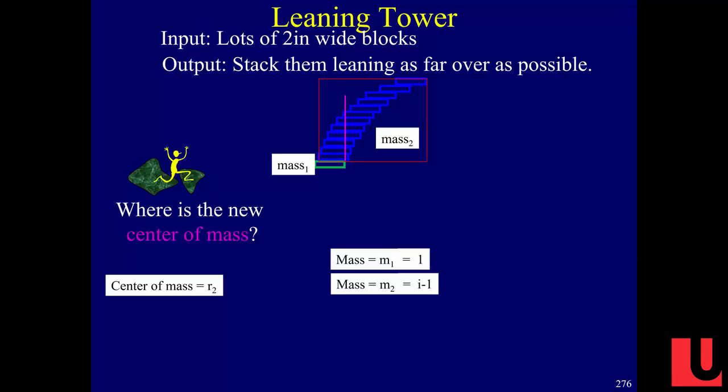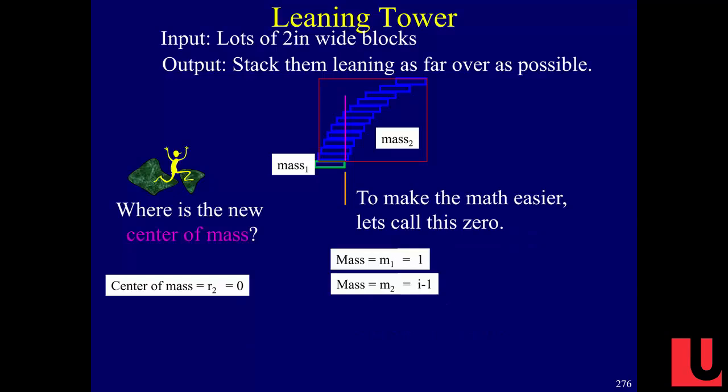We know the center of mass of the blue block is right there. That's what we said. And we can set our 0 measure anywhere we want. So just to make the math easy, let's call the center of mass of the blue 0.